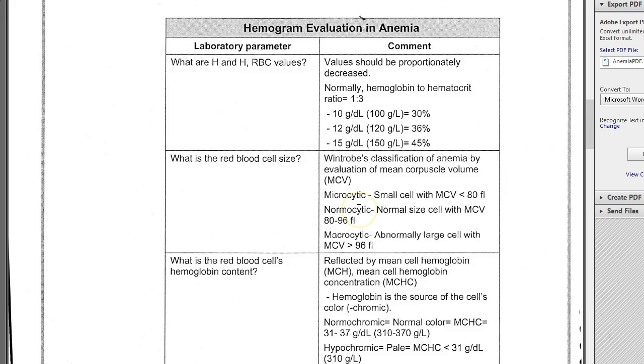So in your MCVs, again, we're dealing with size, all right, mean corpuscular volume. So we break things down into 3 categories: microcytic, and you have your value there; normocytic, where things should be; and macrocytic. So small, normal, and large cells.